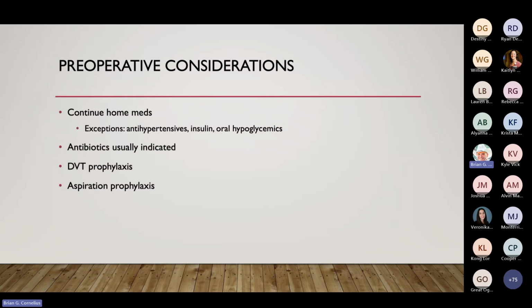If you have somebody that's on ACEs, a lot of times we'll hold those for a couple days beforehand. If that's just somebody that's on an oral hypoglycemic agent, you may have to transition them to insulin for a little bit better control. Or you may just loosen your controls that day as far as their glycemic status. Sometimes it's okay, sometimes it's not. It really depends on the patient and how significant their disease is.